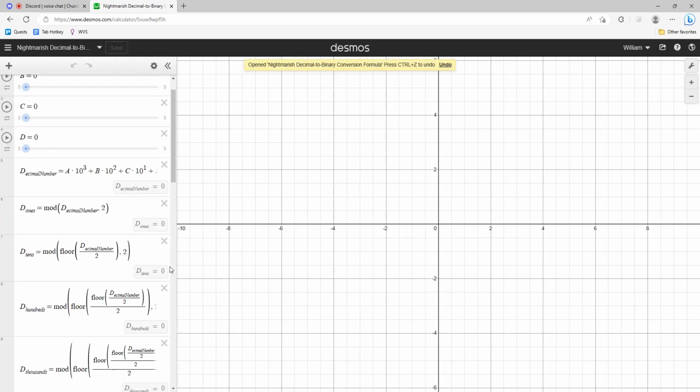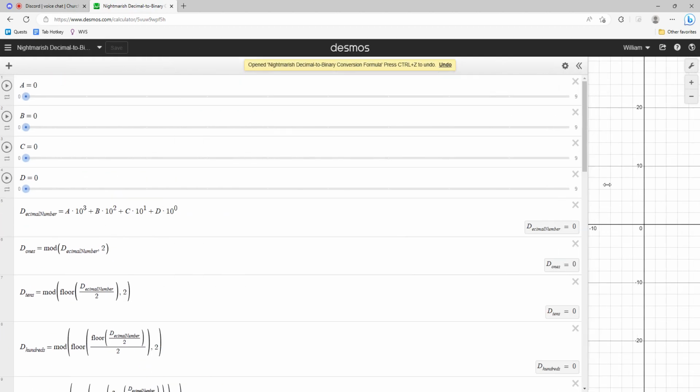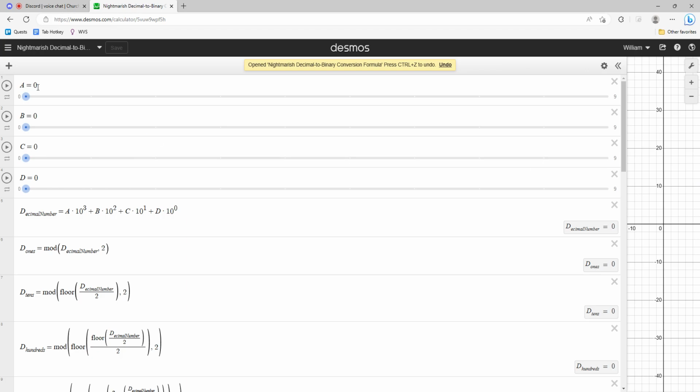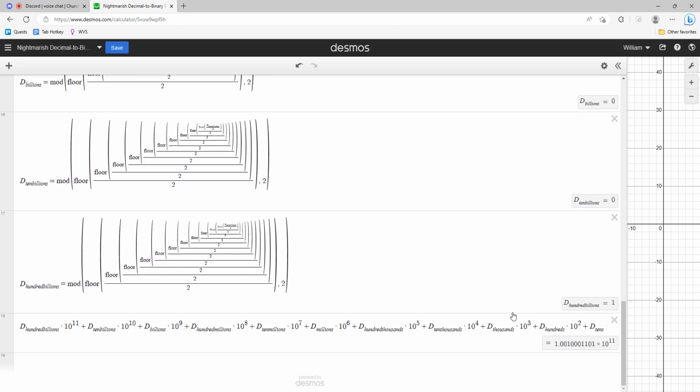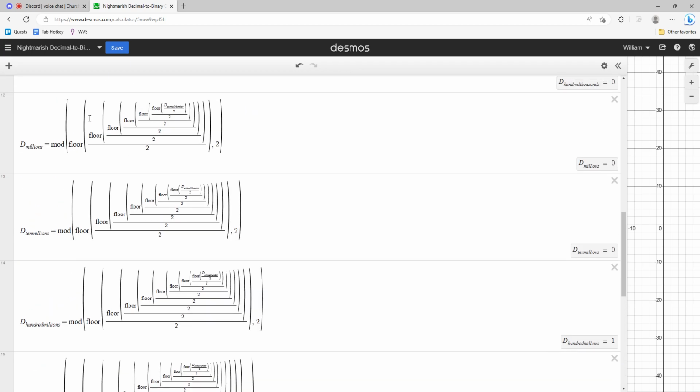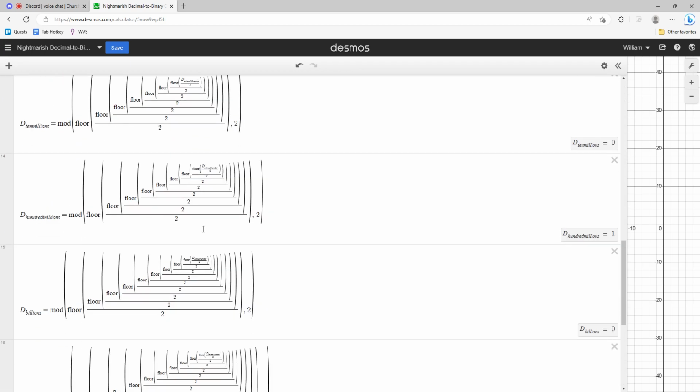Nightmarish decimal multiply. Yeah, so I remember making this. It was for programming for Java. So basically, if you select a number like 2330, the expansion is given by this, I guess. Yeah, it's gross having to make this formula.